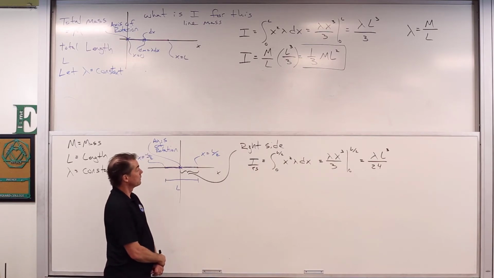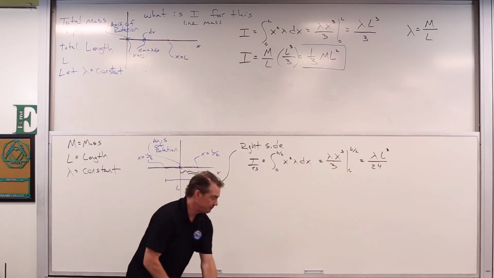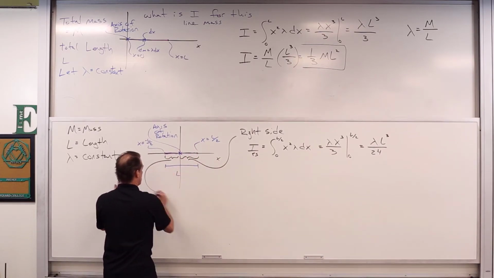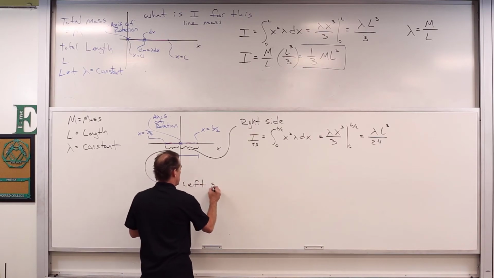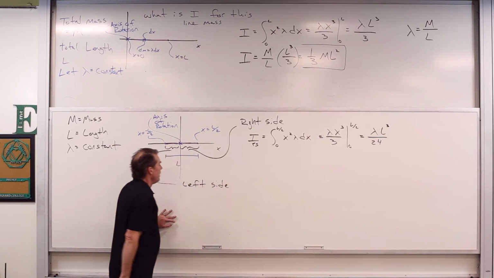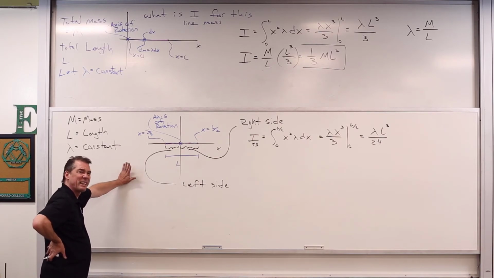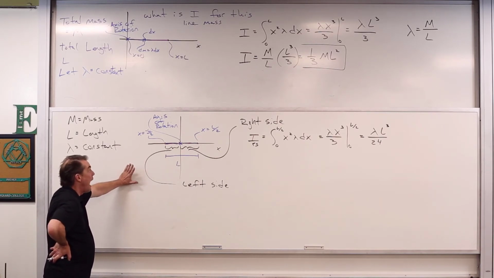All right. Well, what else do we want? That's just for the right side. What about the left side? The left side is going to give us the same contribution because, again, it's a matter of how far away the elements are from the axis of rotation.